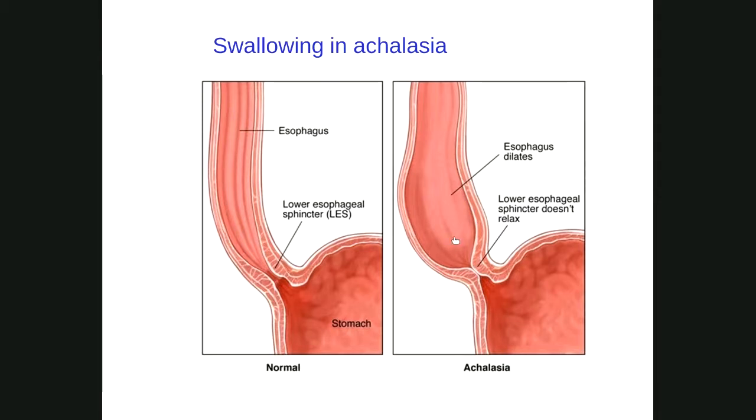It is also precancerous. It can lead to malignancy. So this is one of the disorders that happens due to problems in the nerve fibers supplying the smooth muscles of the walls. Okay.